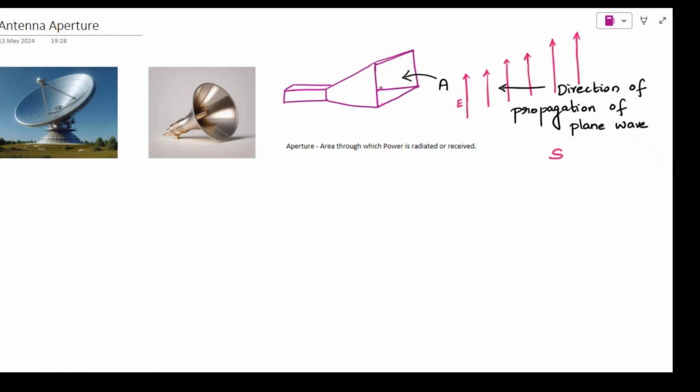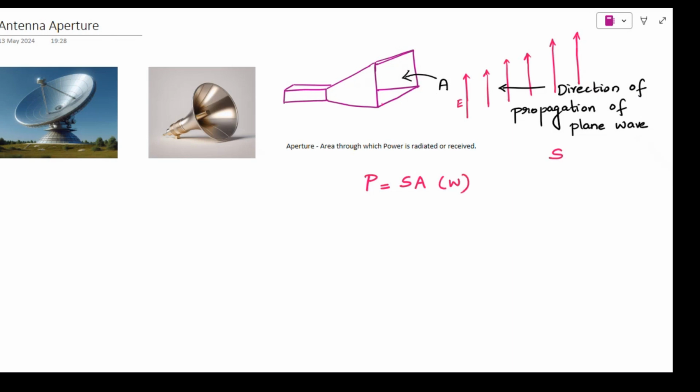If you consider the power absorbed from the wave as P, then the power can be written as S into A, because S is the Poynting vector or the power density and A is the area over which the entire power is entering the horn antenna.